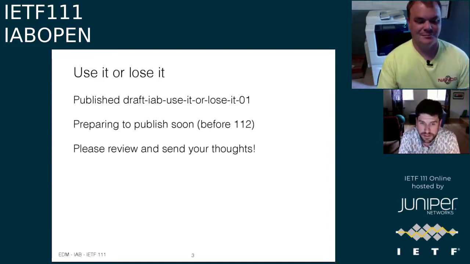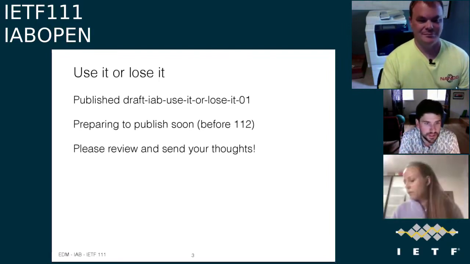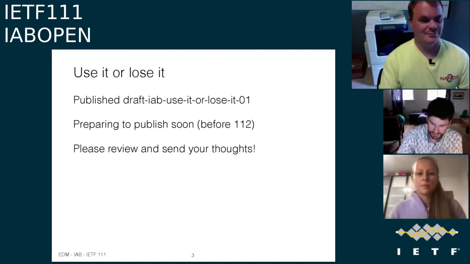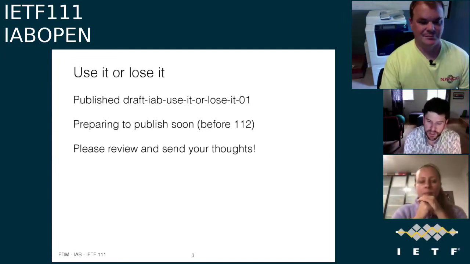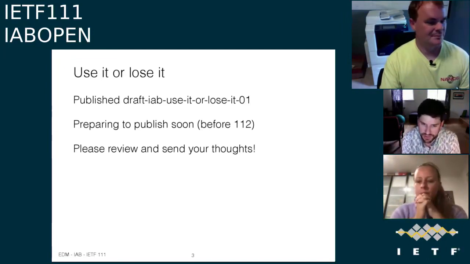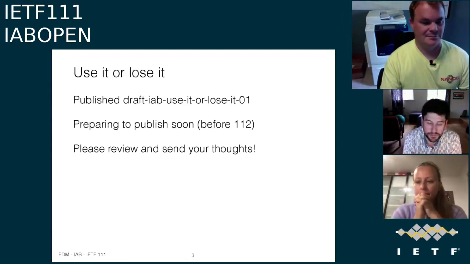We'd like to get this ready to publish soon before the next IETF. So essentially we are soliciting reviews and thoughts. We've already asked the EDM list for this sometime after the call. Once we've merged in everything and had a good discussion, we'll ask for wider community review.